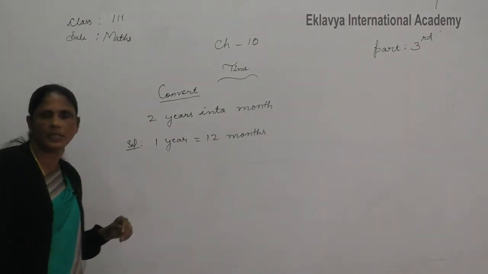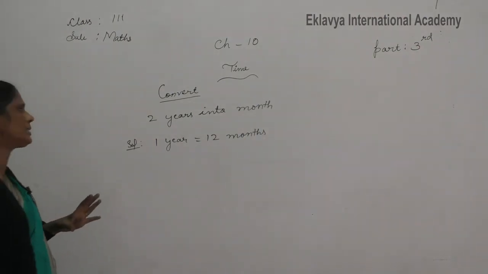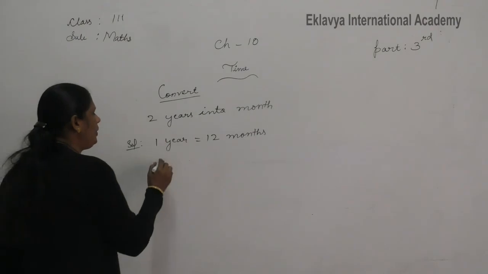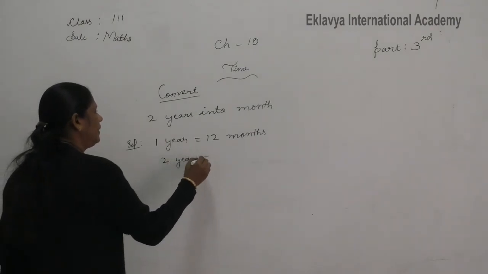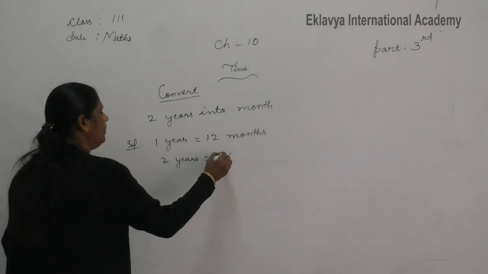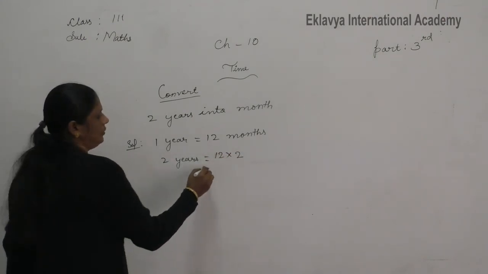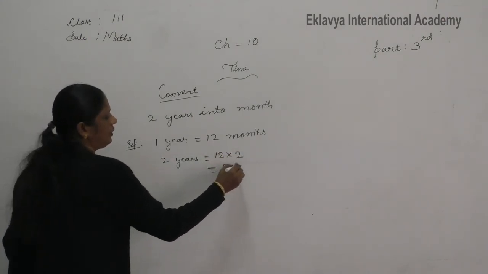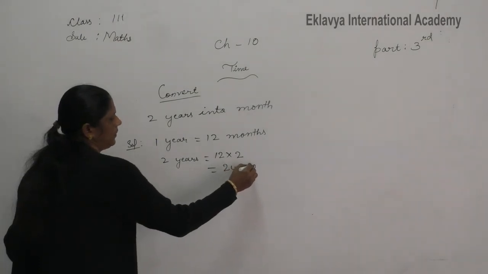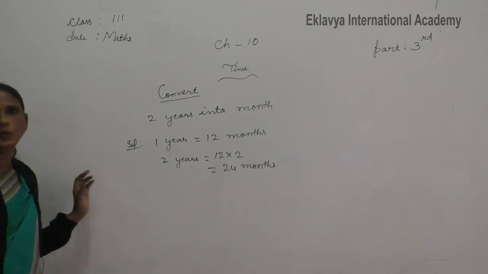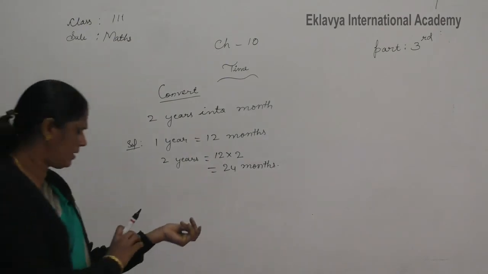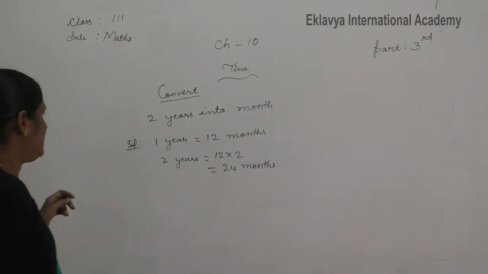Then 2 years is equal to 12 multiply 2, then 24 months.